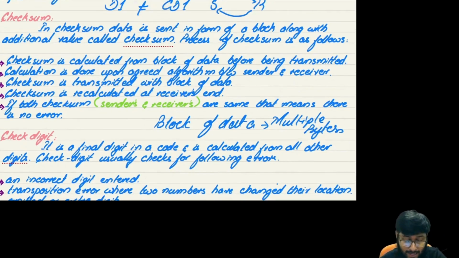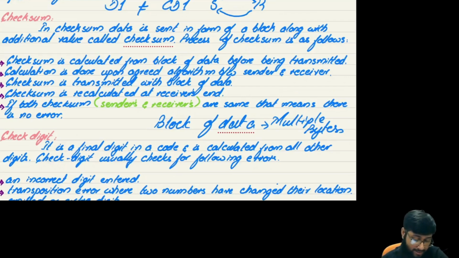So checksum is calculated from the block of data by an algorithm that is agreed between the sender and the receiver. We get a value from that agreed algorithm, and that value is known as the checksum. That value is sent along with the block of data to the receiver.